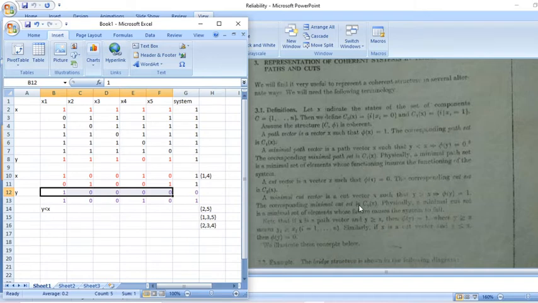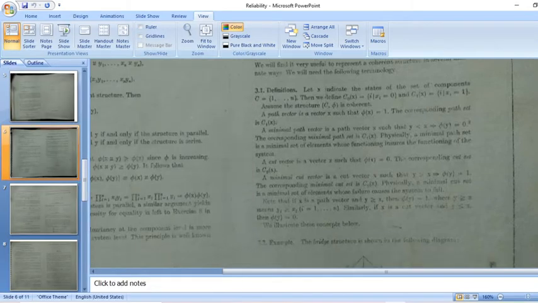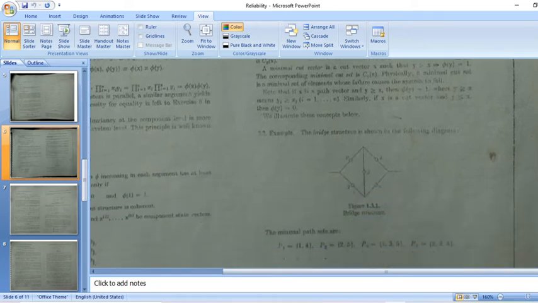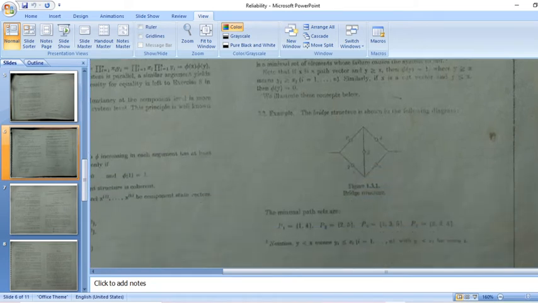The corresponding minimal cut set is called C0 of x. So we have the minimal path sets: P1 equals {1, 4}, P2 equals {2, 5}, P3 equals {1, 3, 5}, P4 equals {2, 3, 4}.